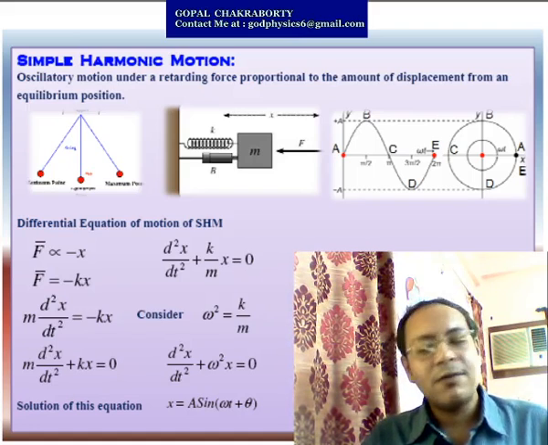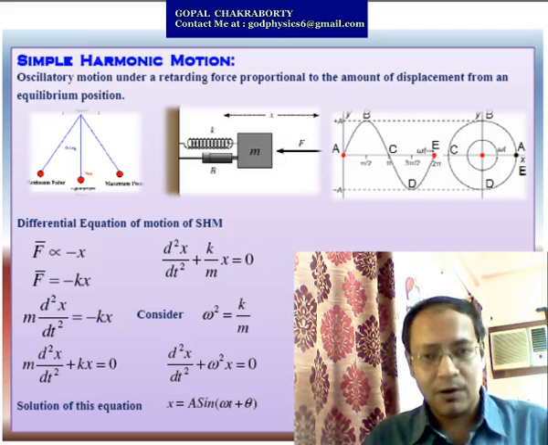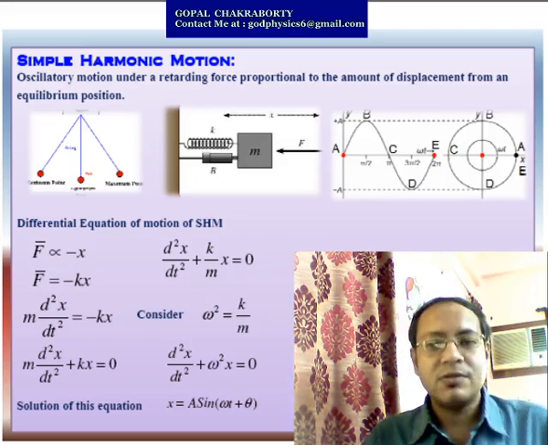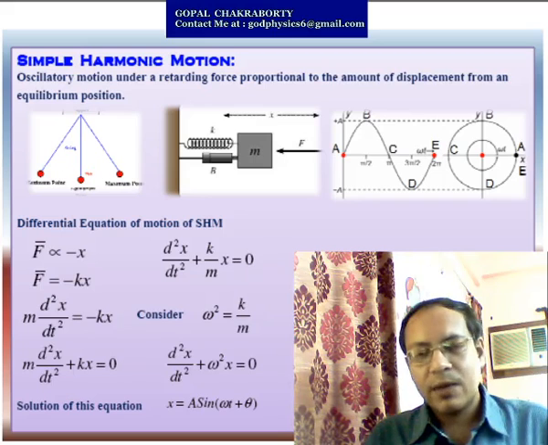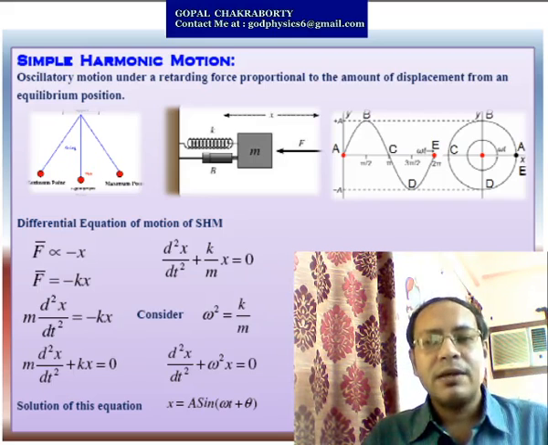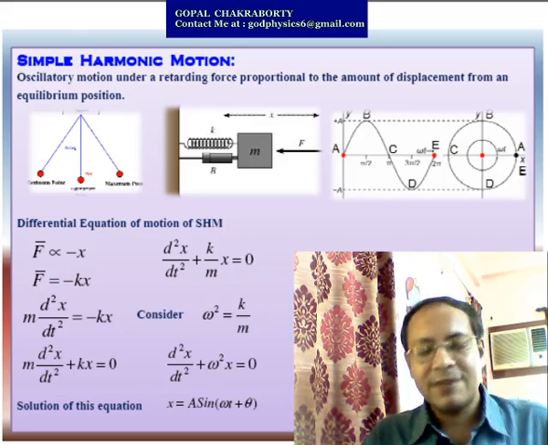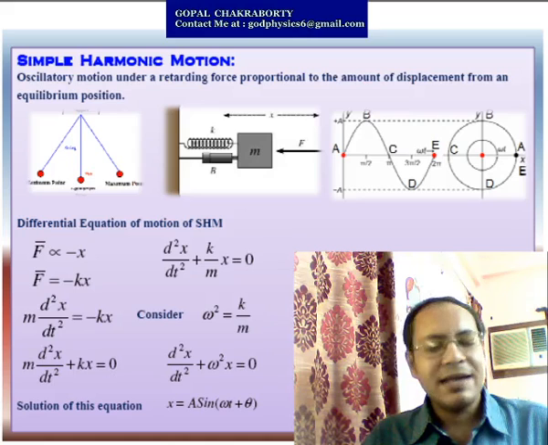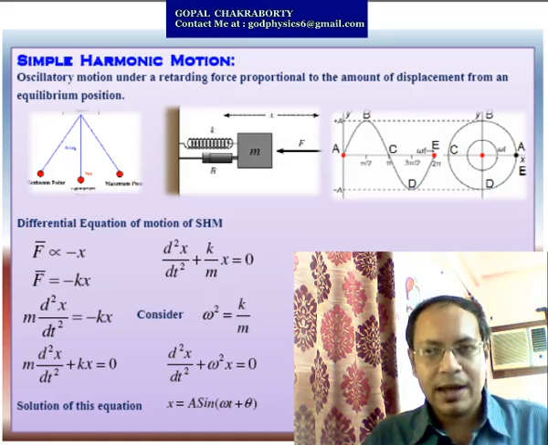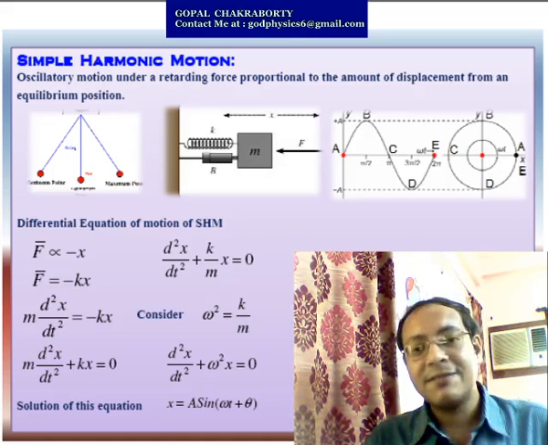Substituting that value of omega, we get our differential equation for simple harmonic motion: d2x/dt2 plus omega squared x equals 0. Now the solution of this differential equation is x equals a sin(omega t plus theta), where theta is the phase.